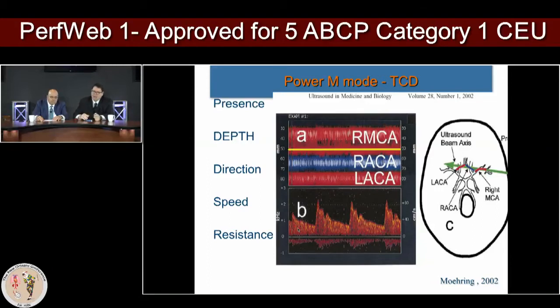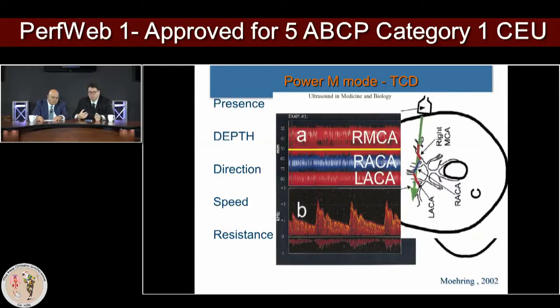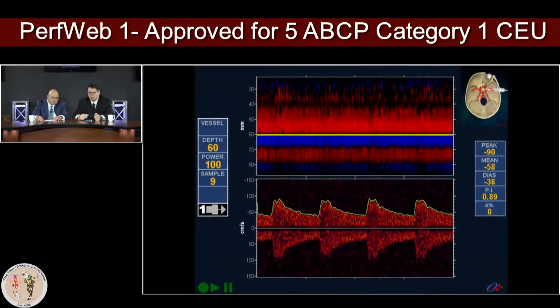The ACA is a blue signal because the vessel flow is directed away from your probe. This is why your flow is blue, giving you a different direction. And I think the interpretation of these signals are depth, direction, and the resistance. Those are the key elements of how we can describe these TCD signals and screens.